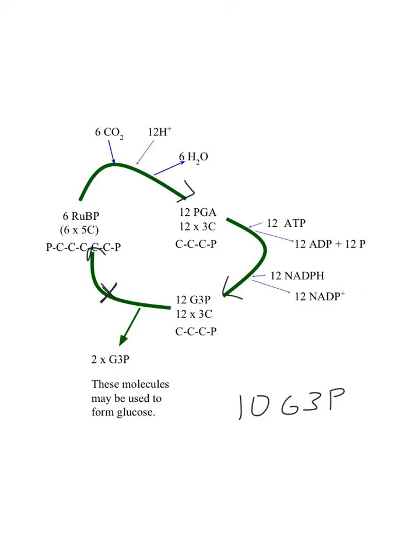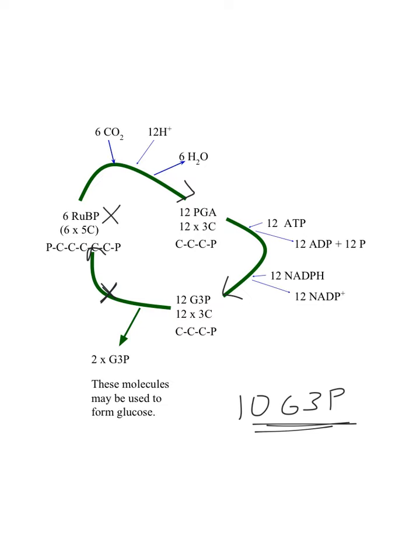Which will give us 30 carbons, which is what we need for our 6 ribulose bisphosphates, but only 10 phosphates, and we need 12. So we're going to have to get those phosphates from somewhere. Well, here's where they come in. We're going to take these smaller molecules and make a larger molecule.